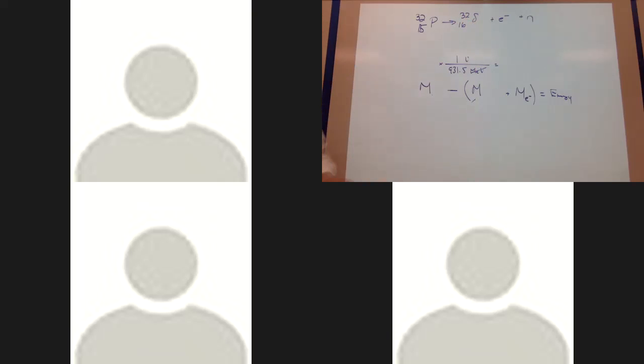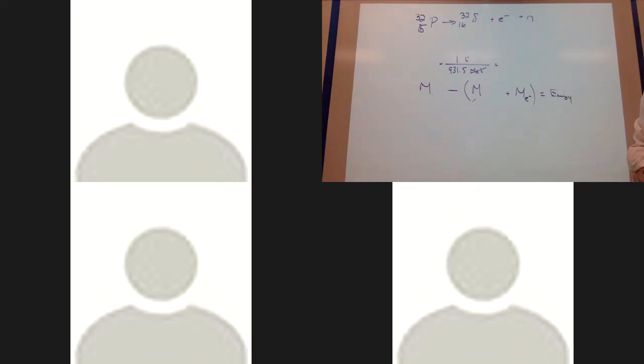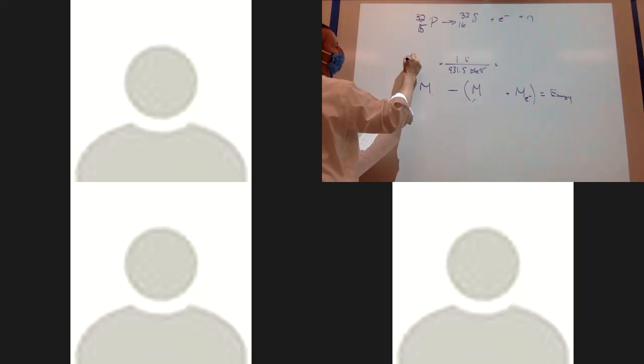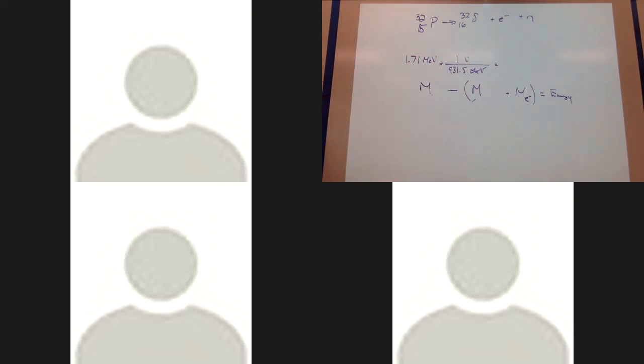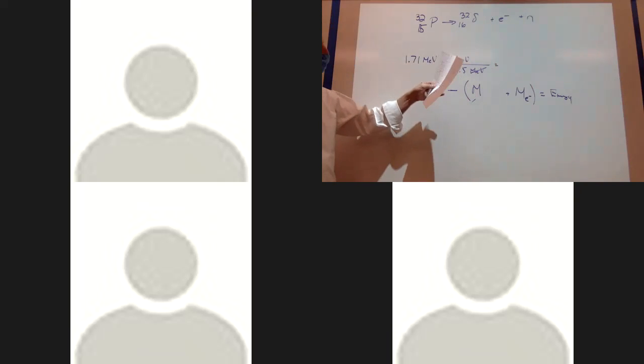Right, and we're given the fact that the beta particle, the electron, has kinetic energy of 0.71 mega electron volts. So we do our conversion again.